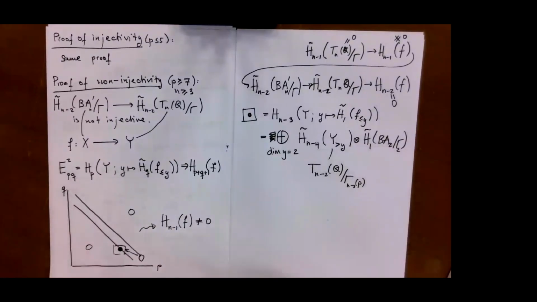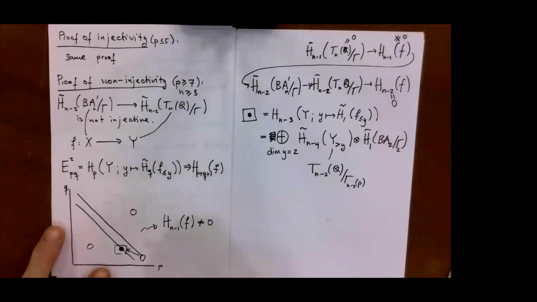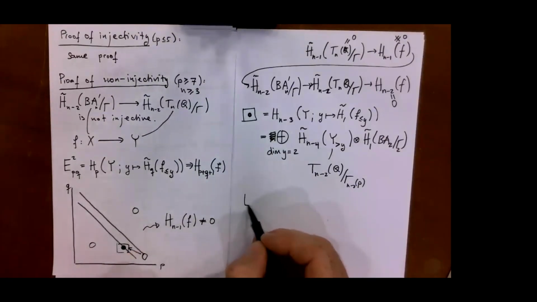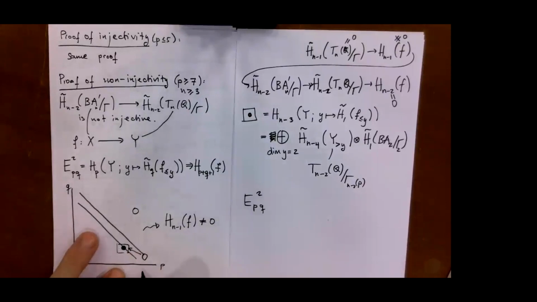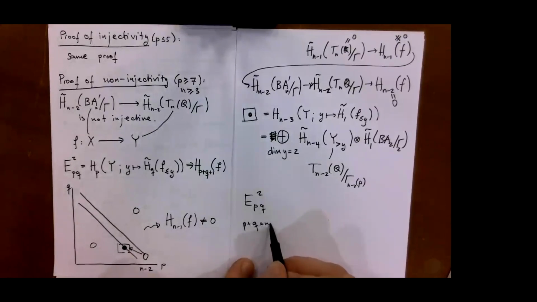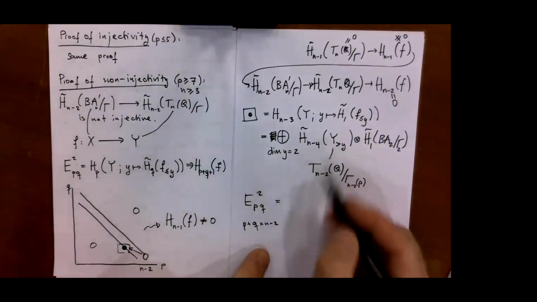Sorry. On this diagonal, you will always have E PQ2, where this diagonal here is n minus 2, P plus Q equals n minus 2. You will always have something like this.